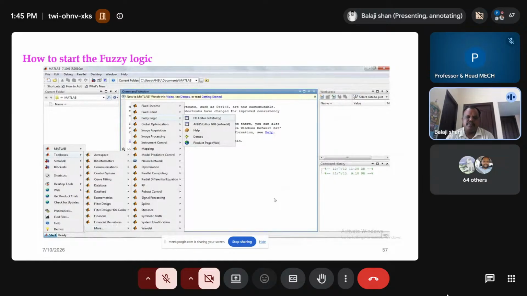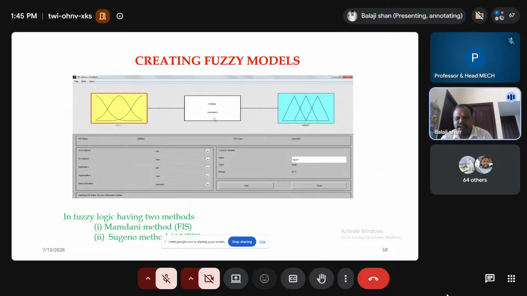So you can open MATLAB and start the fuzzy logic. Go to the toolbox and open the fuzzy logic FIS editor. Once you click the FIS editor, you will get the basic fuzzy logic screen. It has one input and one output.